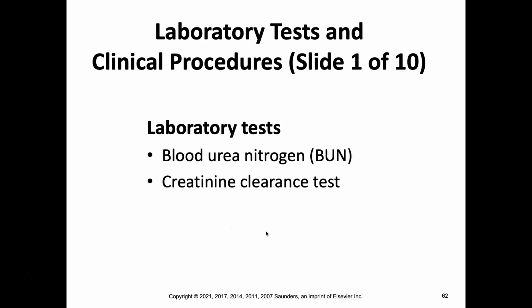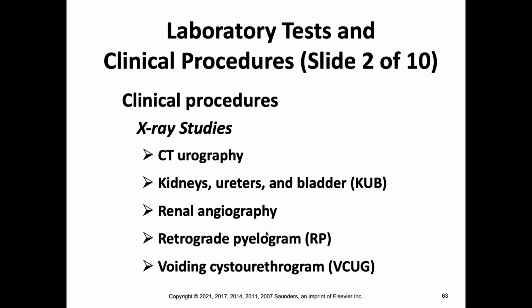All right, lab tests. Very common lab test, BUN. It's ordered on almost every patient that ends up coming in where they think there might be something off with the kidneys. So blood urea nitrogen, BUN. Creatinine clearance test is also very common. And then, of course, there are a slew of radiology tests that can be performed.